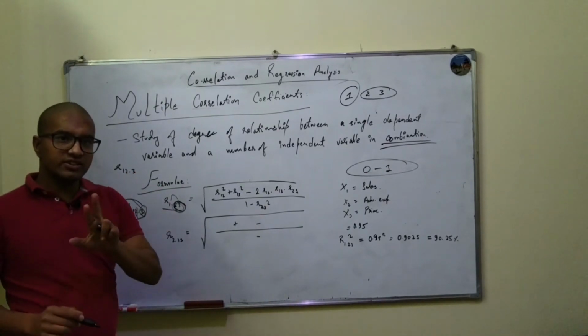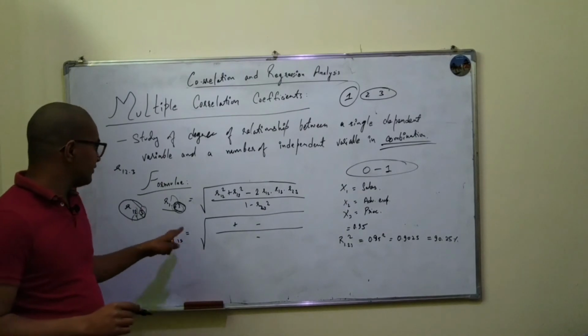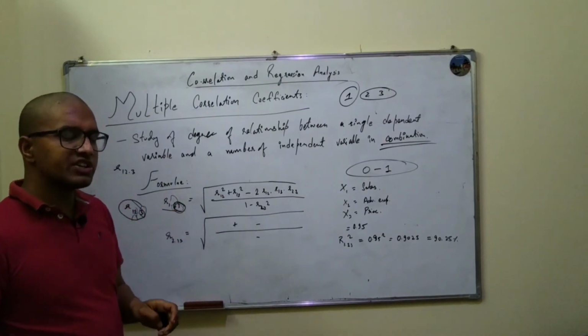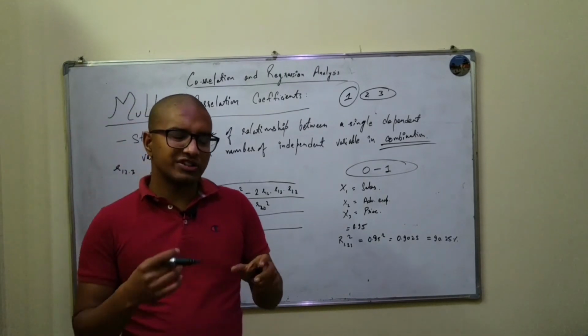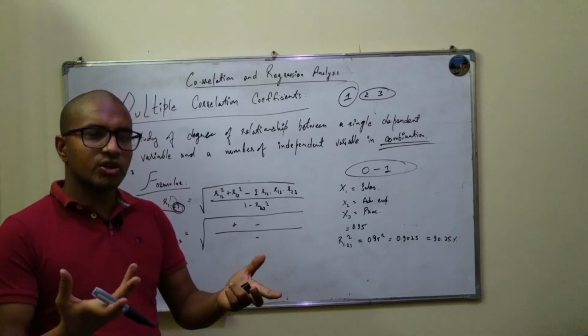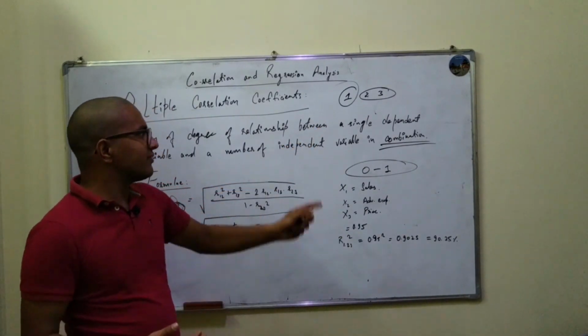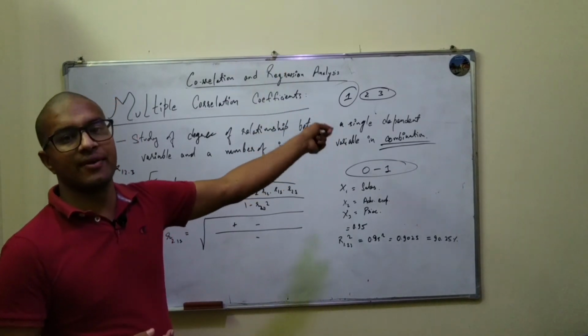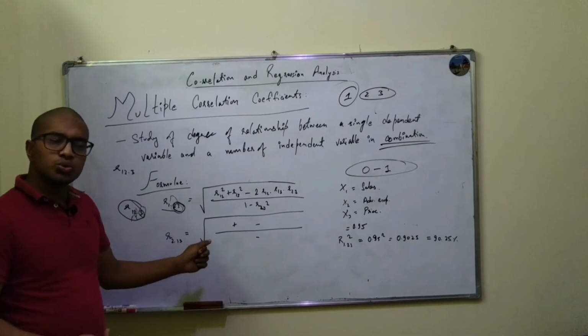So it's between these two, and 3 is your constant, okay? Whereas in multiple correlation, you are examining the combined effect of 2 and 3 on 1, okay? Or you could change this as well, so you could make it R2.13.